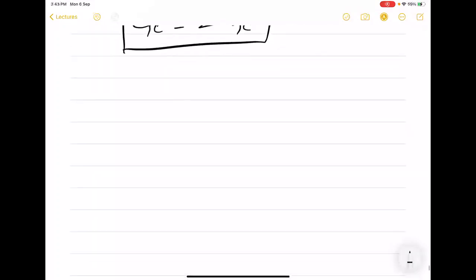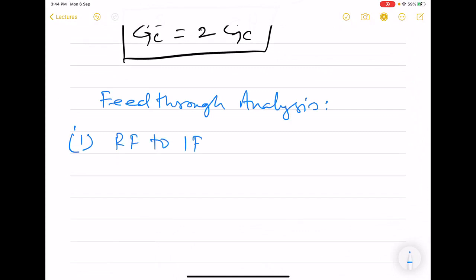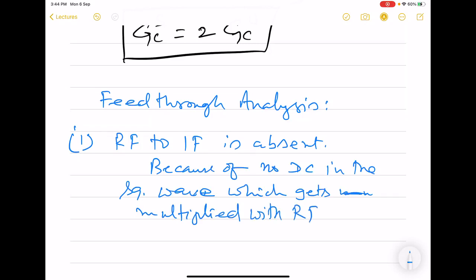So first, RF to IF leakage is absent because of no DC in the square wave which gets multiplied with RF.